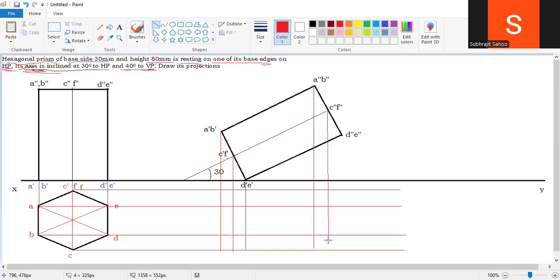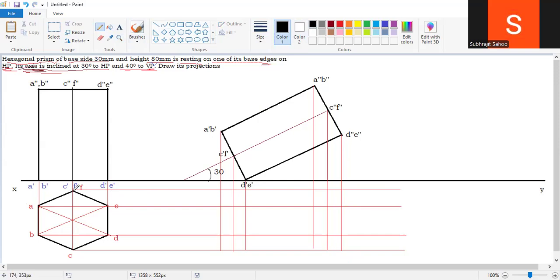From C double dash also. From D double dash also. Right? Sir, the intersection points are to be found in the next step.